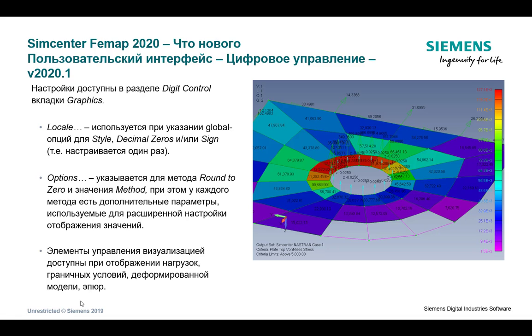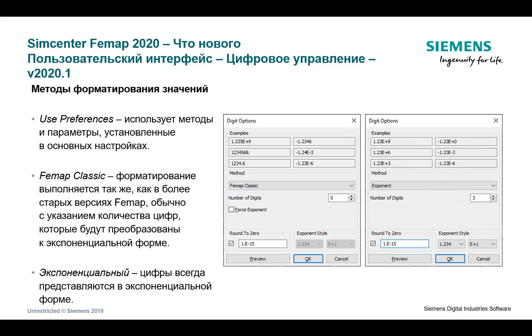For version 2020.2, we also added beam diagrams as one of the view options that has an individual digits control. When we go into the digits control for any particular view option, what is selected by default is use preferences. This uses the method that's set in the options preference.